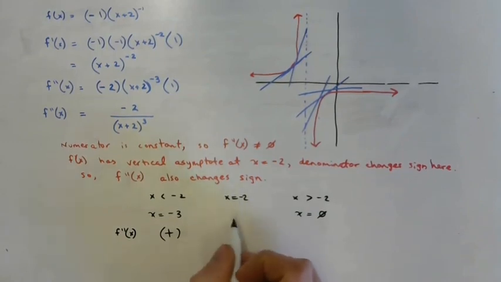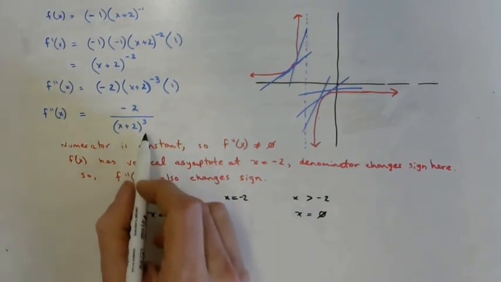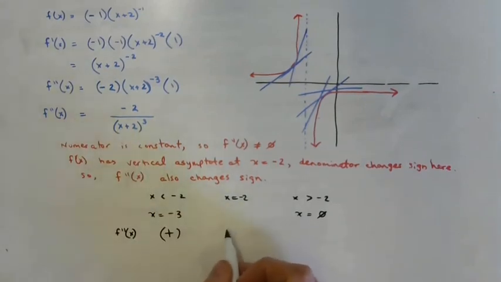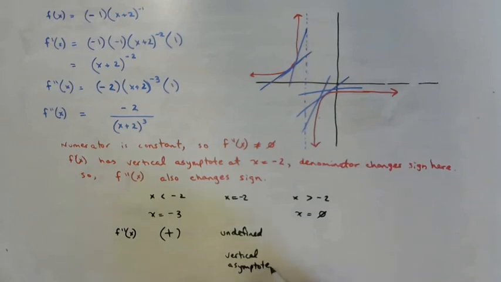If we take x equals -2, the second derivative is undefined. And that's because there's a vertical asymptote. You can't talk about the slope at that point. Maybe for here we should say that this is concave up.